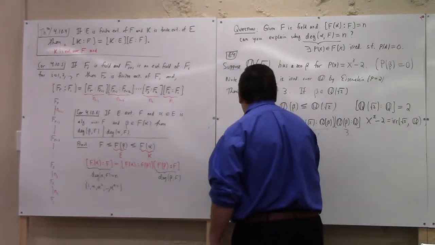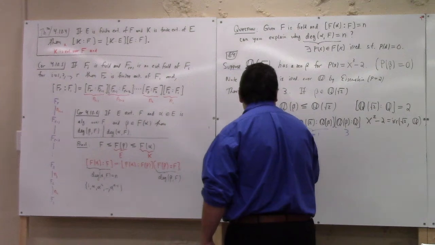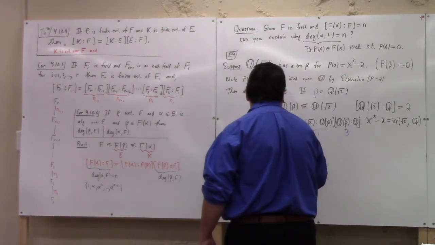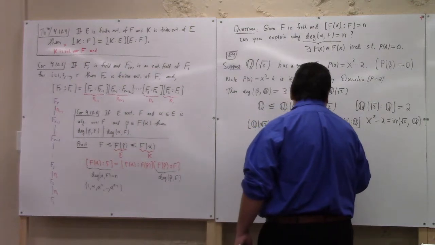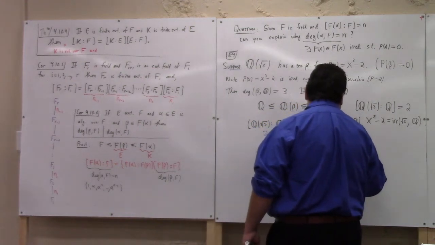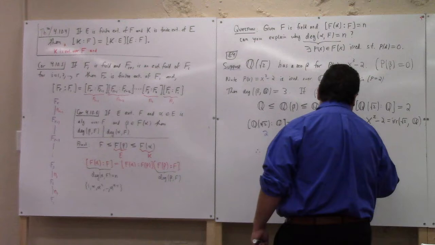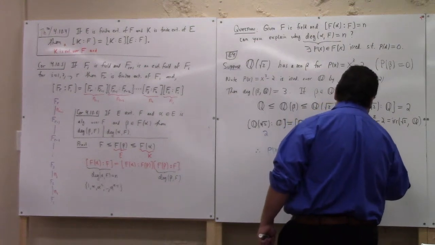So, conclusion, therefore: P of x equals x cubed minus 2 has no 0 in Q adjoin square root of 2.